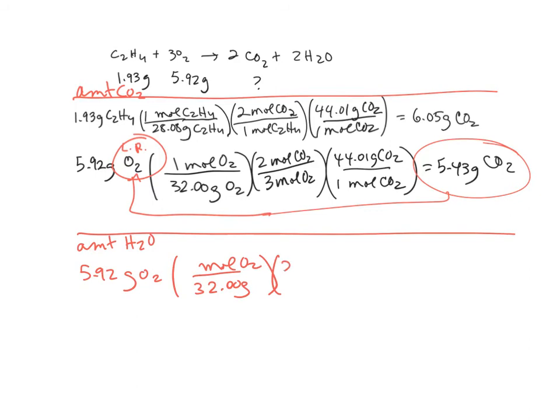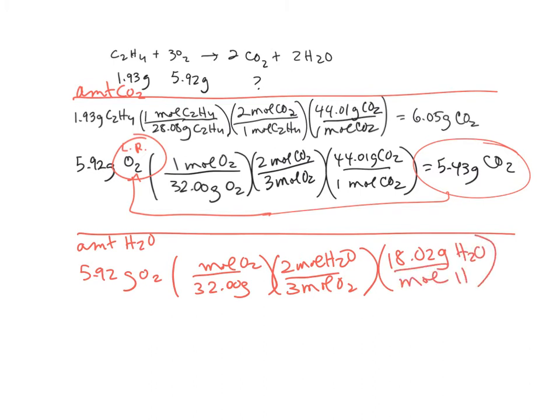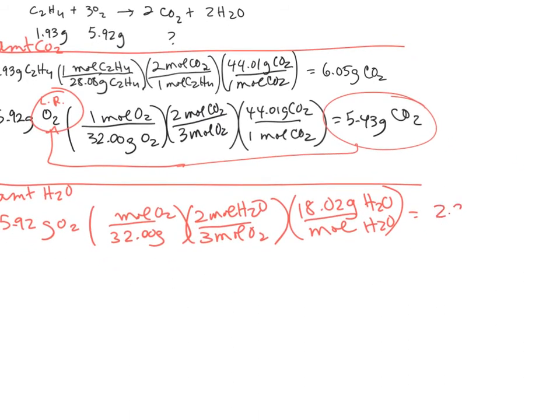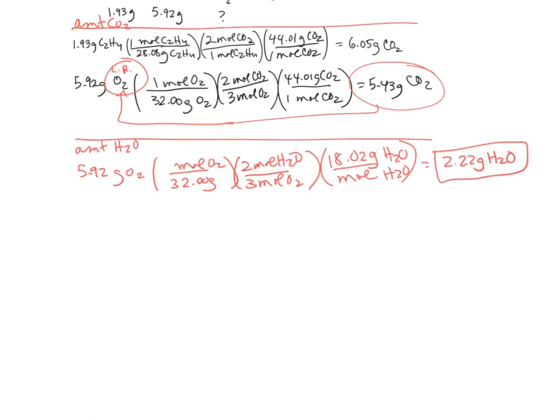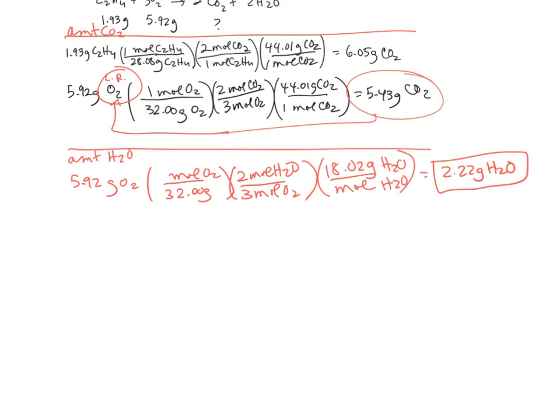Then 2 moles of H2O for every 3 moles of O2. Then use the molar mass, 18.02 grams per mole for water. This one turns out to be 2.22 grams. So that's the other product. That's all we have to do. Once we know the limiting reactant, we don't have to do the second calculation.